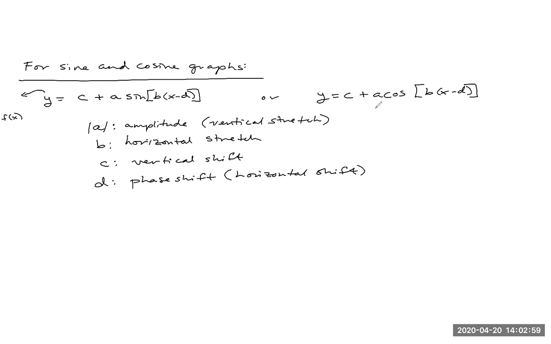So the amplitude, that's going to be stretching your graph. Your horizontal stretch, that's stretching this way. Vertical shift, that's going to take your entire graph and move it one way or the other.